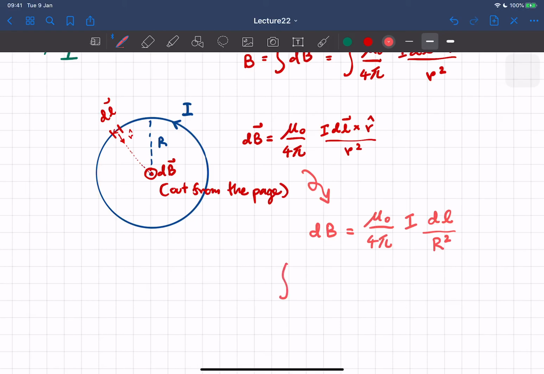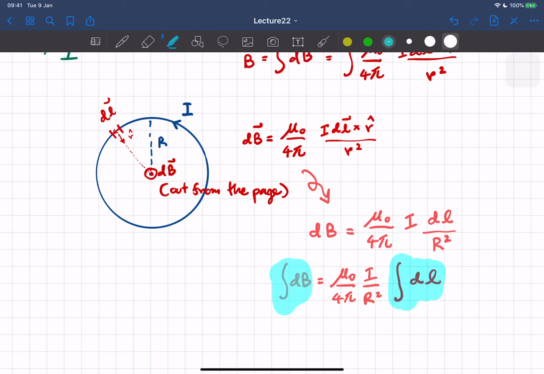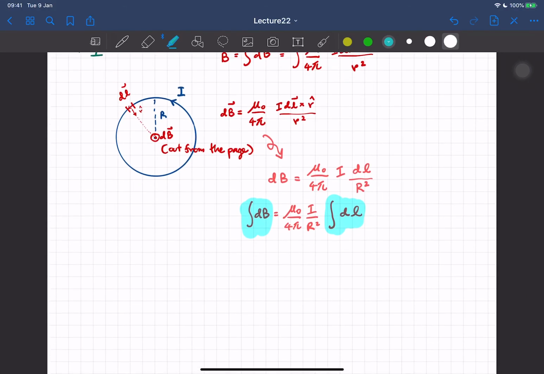So integrating dB will be mu 0 over 4 pi I divided by big R squared. I took everything which is a constant out from the integral, and I have only dl left here. That's the thing that I need to integrate.